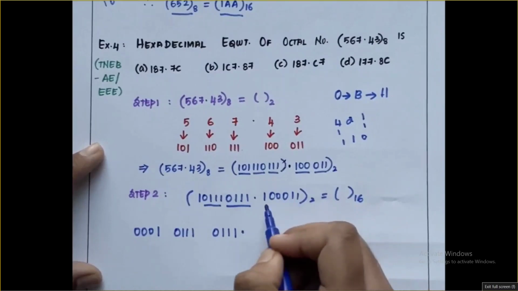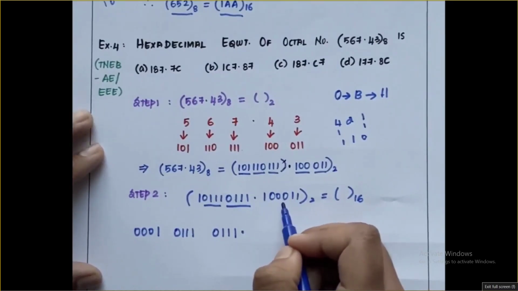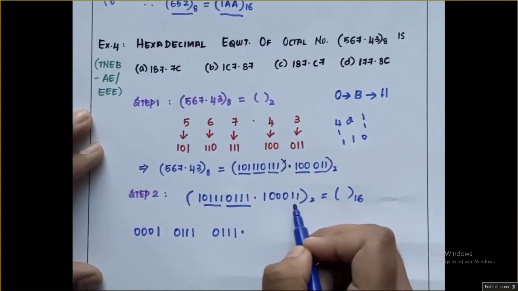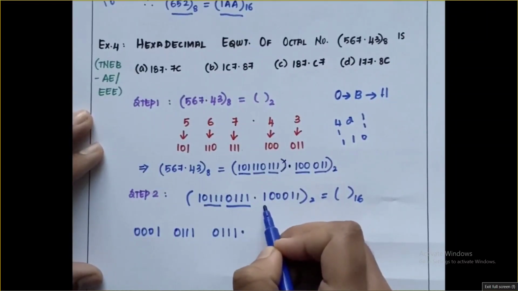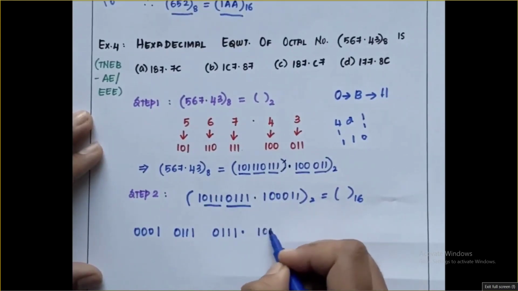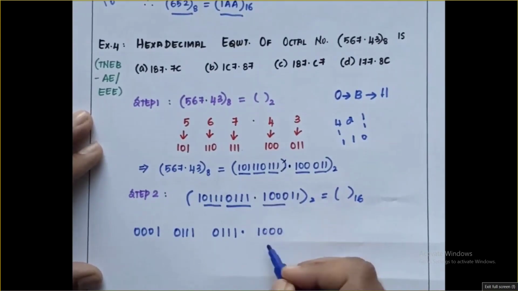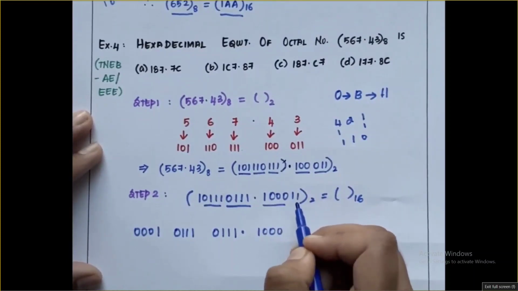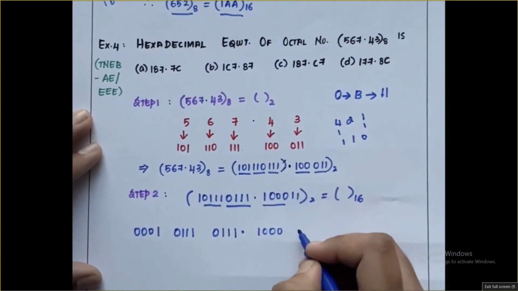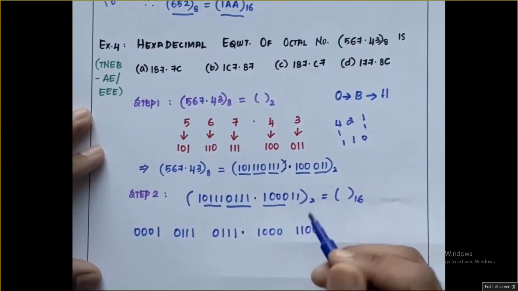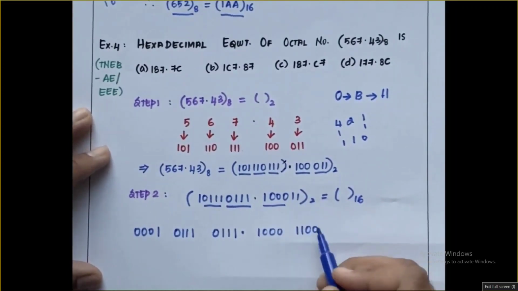Decimal point. For the fraction part, starting from the leftmost value, divide into 4 bits each. So we have the first set as 1000. Next we have only 2 bits, which is 1 and 1, so refill the remaining with zeros. So we will have 1100.